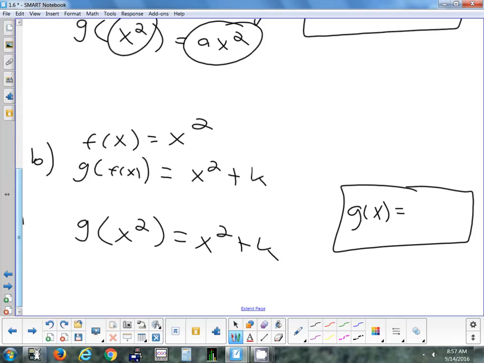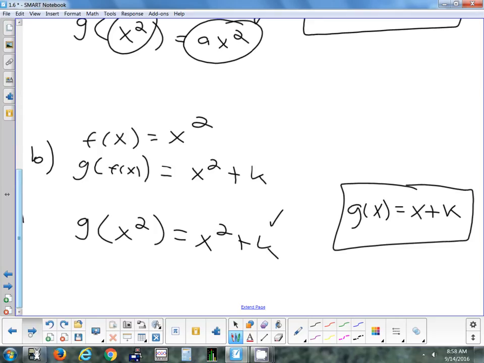Ma'am? Is it x? Yeah, x plus k. Let's check it. Replace in function g, every time you see a letter, replace it with x squared and see if you get that. Replace x with x squared, I get x squared plus k. Perfect. Yeah. Any questions on that one?